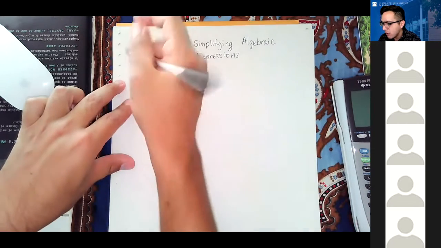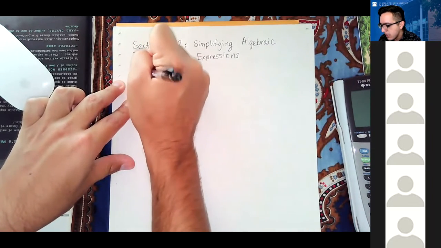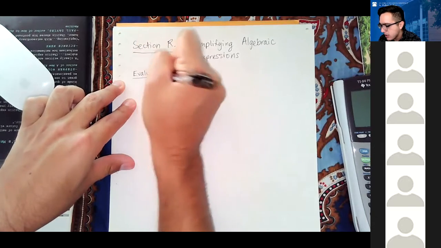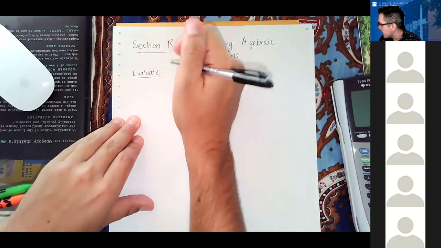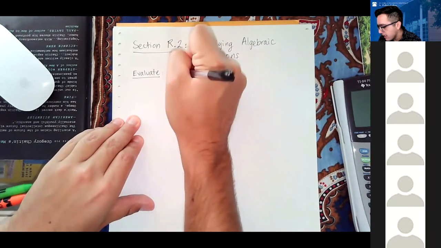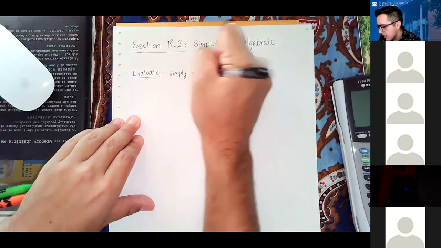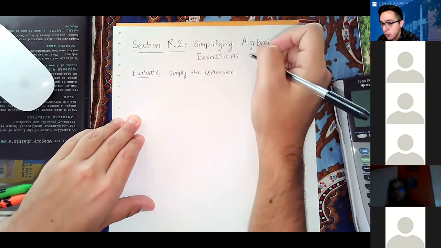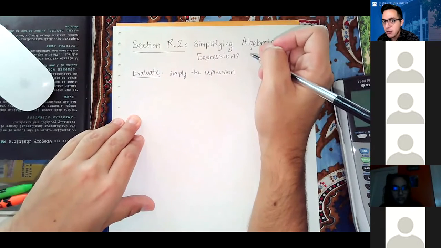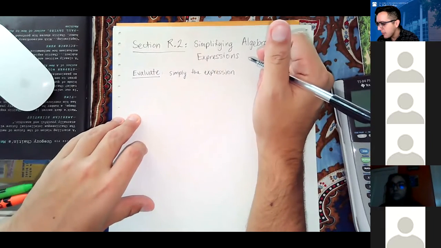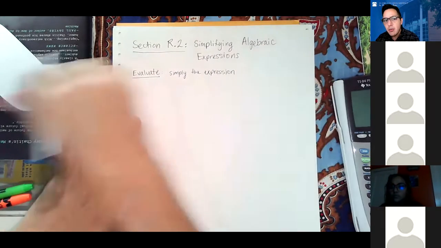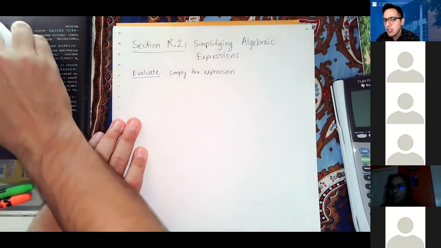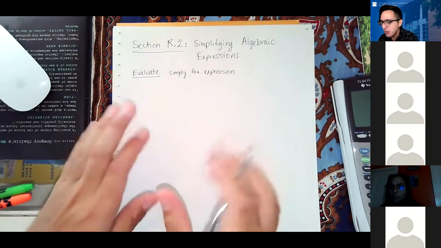We call that evaluating. So when you evaluate an expression, that is, you simplify the expression. And here I'm avoiding using the word solve, even though you might say solve in your own head. I'm going to save the word solve for when we actually start working with equations.